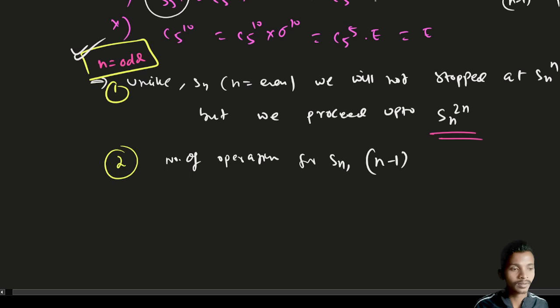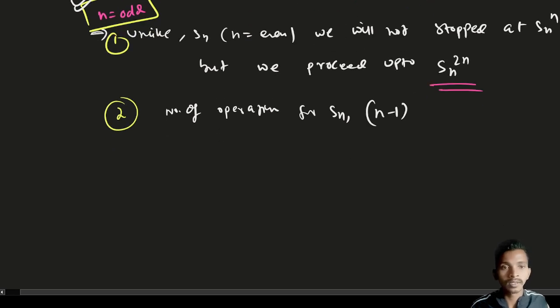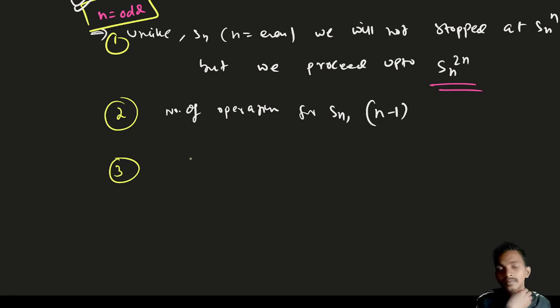Okay, and what other things we understand: here n is odd, so sigma and Cn. For getting, sorry, just a minute.